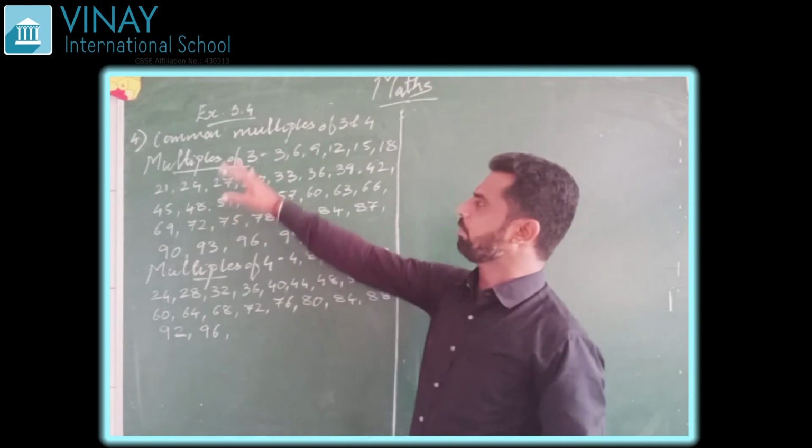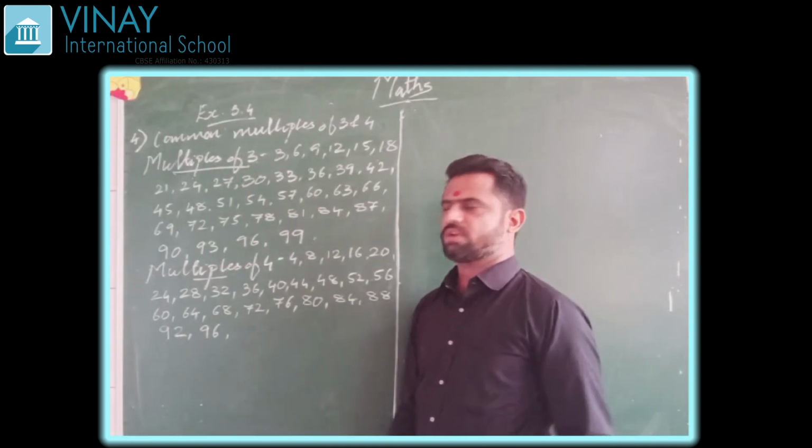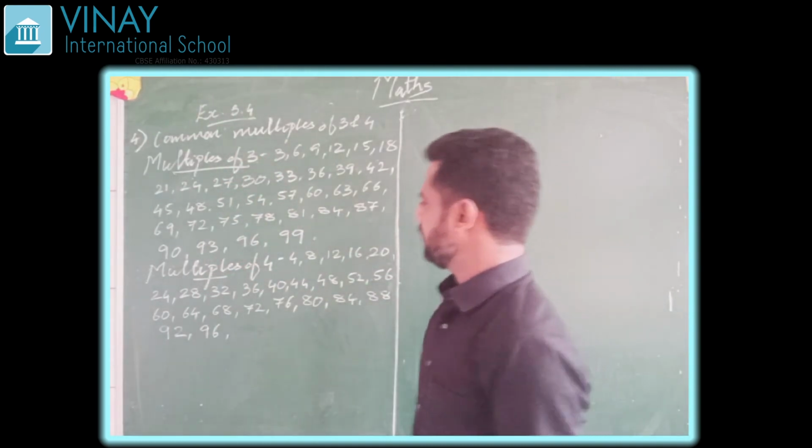Now we have to find the common multiples of both 3 and 4 which are less than 100.